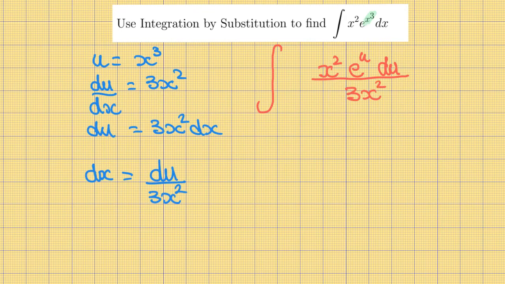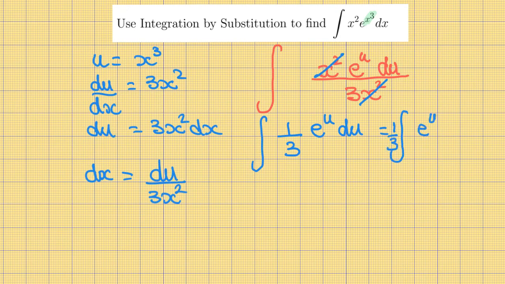The x squareds cancel, so we are left with the integral of 1/3 e to the u du, which is equal to 1/3 the integral of e to the u du.